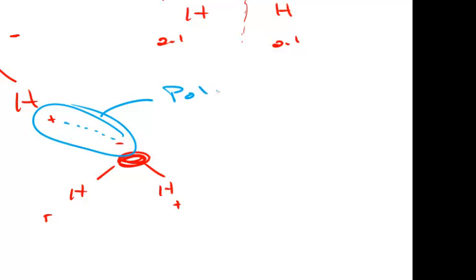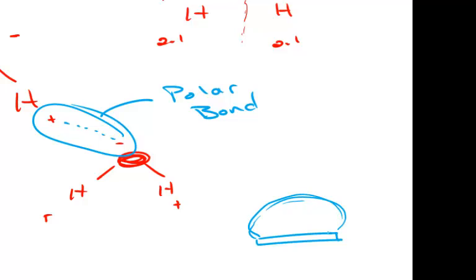This is called a polar bond. So this is part of the reason why water will bead over and not fall, because there's a whole bunch of polar bonds holding those water molecules together.